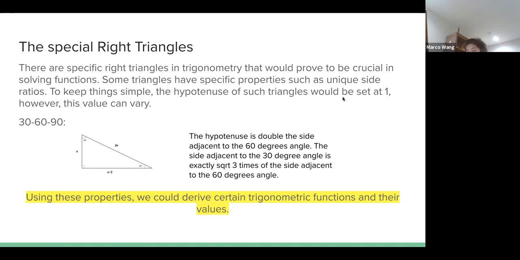Adjacent means next to, so it would be x in the picture, and the hypotenuse is the side opposite the right angle, which is 2x. The side adjacent to the 30-degree angle is x times square root of 3, where x is the side adjacent to 60. Using these properties, we can derive certain trigonometry functions and their values.